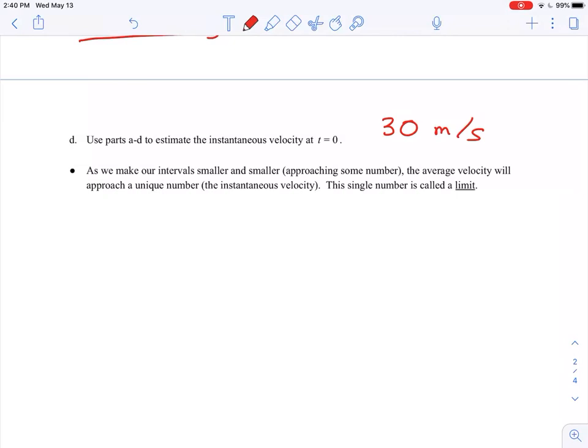This single number is called a limit. And this is how I want you to think about limits: what are we getting closer and closer to? It may not even necessarily be what the value of the function is, as we'll see in the next section. But the question you should be asking yourself is, what value are we getting closer and closer to?